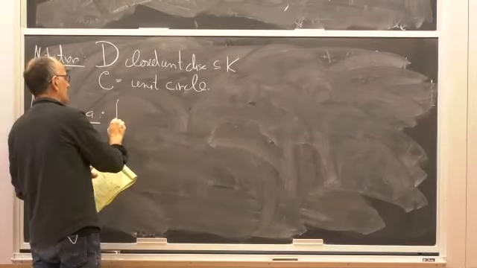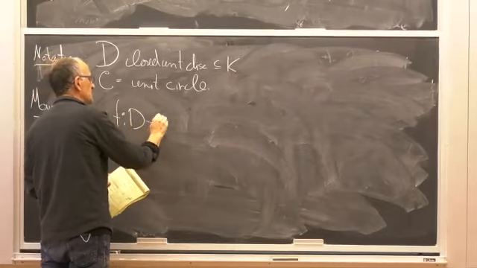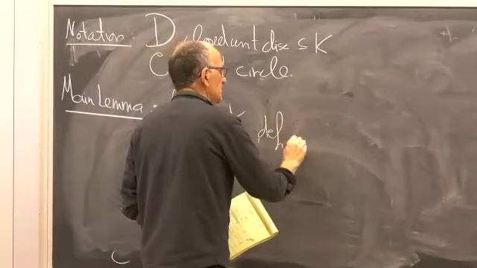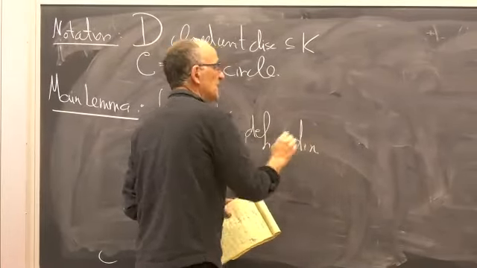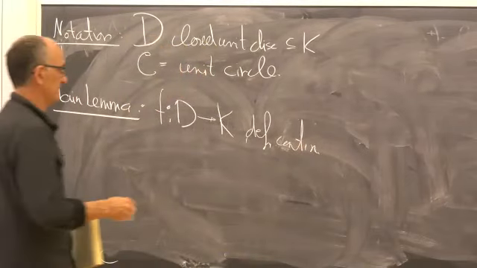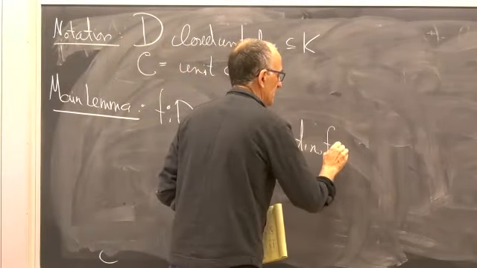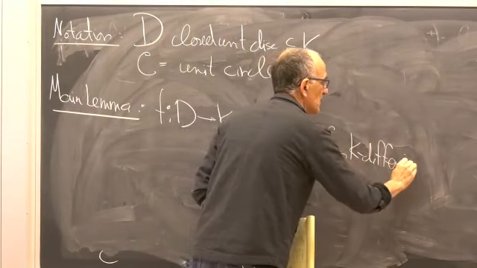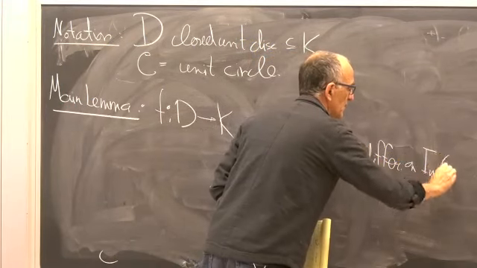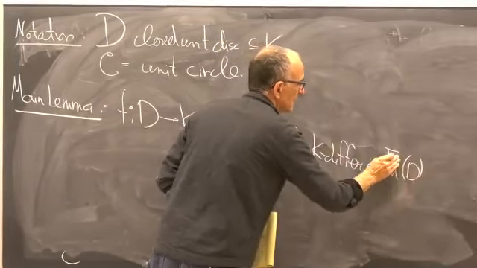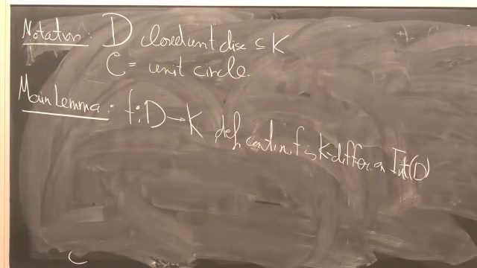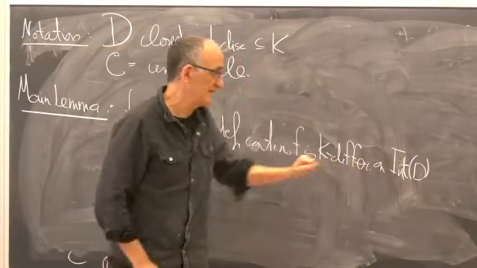Assume that F from the closed disk D to K is definable, continuous on D, and differentiable in the interior of D. I will say at the end that this is important: we could have even had a weaker assumption, that it's differentiable off a codimension 1 set.